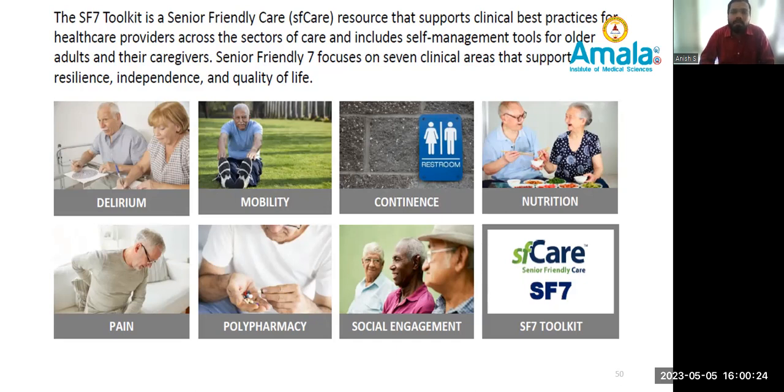They give a lot of management tools for older adults and their caregivers, which is freely available on the net, which you can access and go through, and it makes a difference in the way you give care to your older patients, the way you look at your older parents and grandparents. It definitely makes a difference, because geriatrics, like palliative medicine, is often very much neglected in the curriculum, and it is definitely neglected in the MBBS curriculum. I suppose it's the same with other allied health sciences as well.